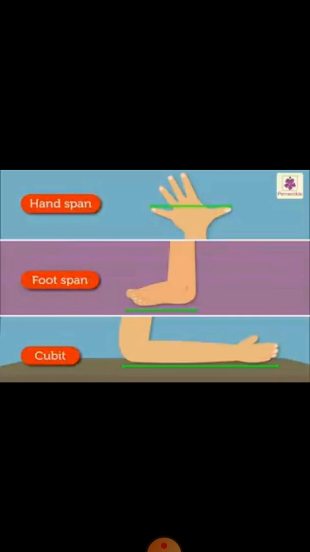That is handspan. And what is foot span? It is from the heel of the foot till the tip of the toe. And cubit is from the elbow till the tips of all the fingers.